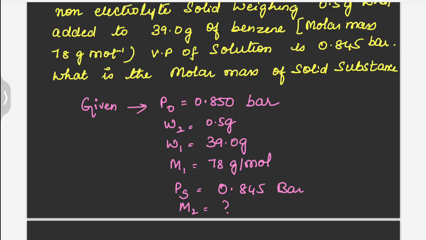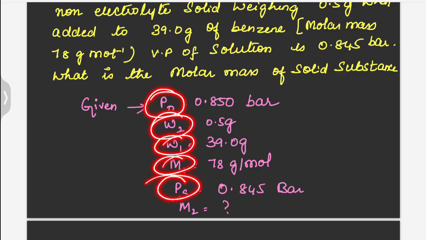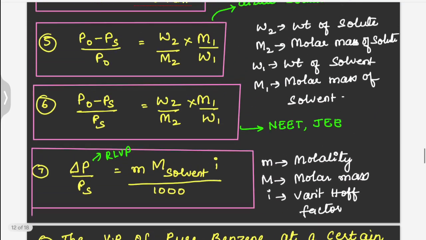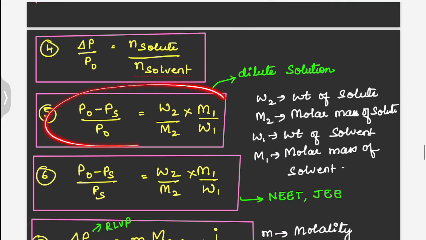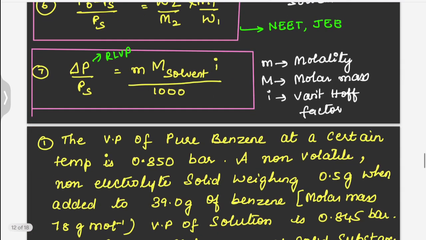So which formula you are going to use here? You can see here P0 is given, PS is given, W2, W1, M1 are given, M2 you have to find. So you can use this formula. P0 minus PS divided by P0 is equal to W2 by M2 into M1 by W1.